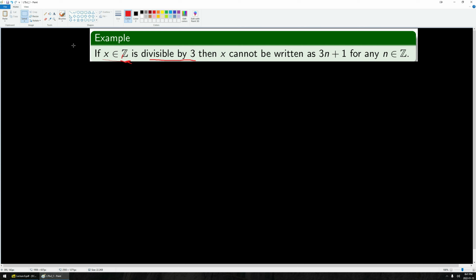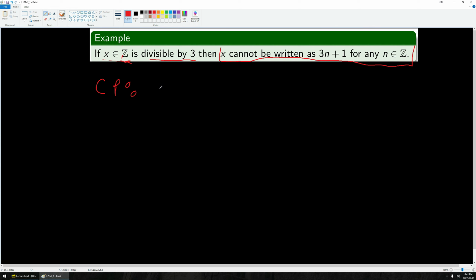Actually, we'll do contrapositive first. So if I'm doing contrapositive, I need to first think, what is the contrapositive? Well, it's the opposite of this implies the opposite of my hypothesis. So from here, x cannot be written in this form means x can be written in this form.